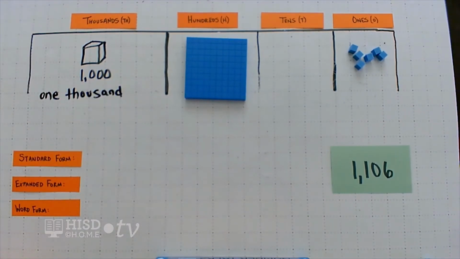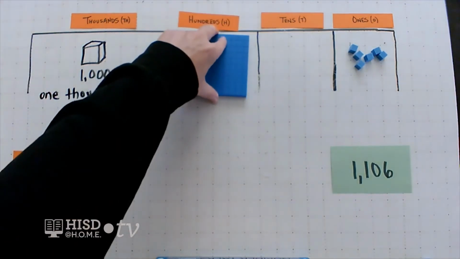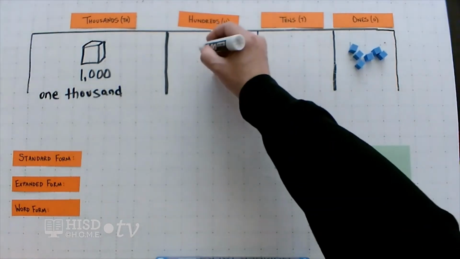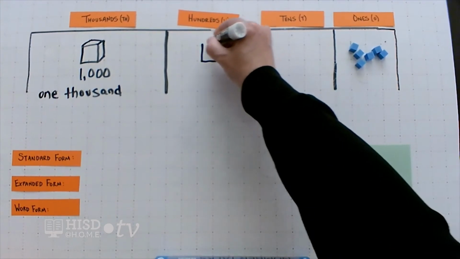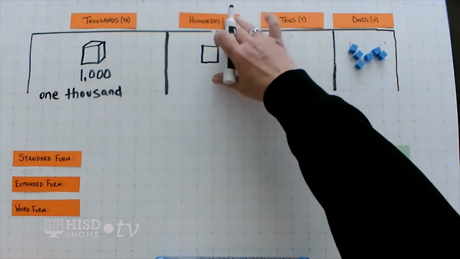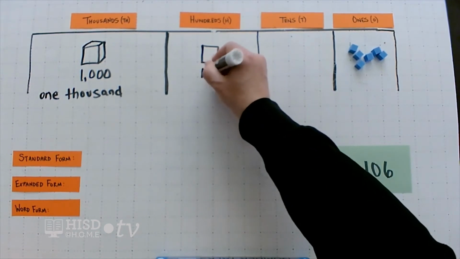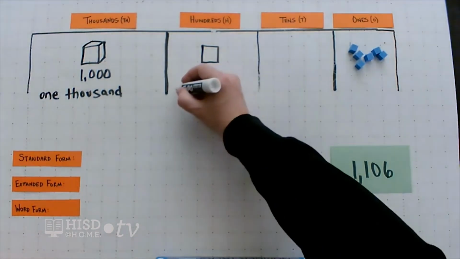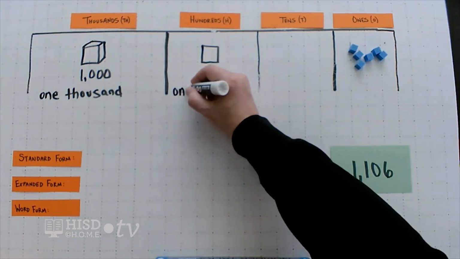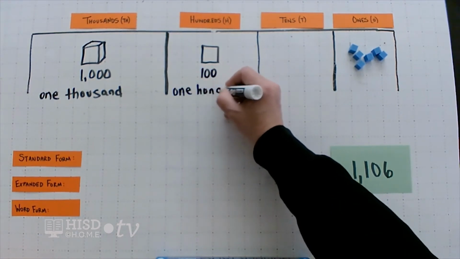I know that I have one group of 100, so I'm going to replace my flat with a square. The value of one flat, or one group of 100, is 100, and in words I can write that as 100.